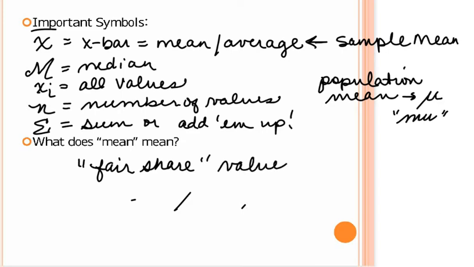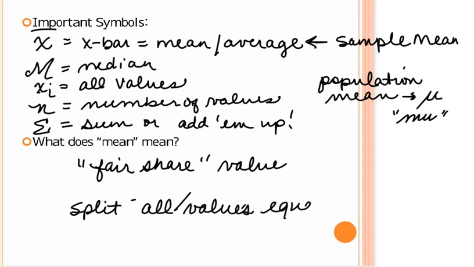If I was going to divide all of the values up and put them equally amongst every single person in the group or individual in the study, this is their fair share. It's the amount that everyone should get. So basically, you're splitting all the values equally among all the individuals.